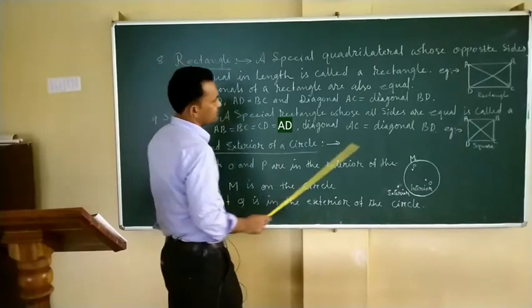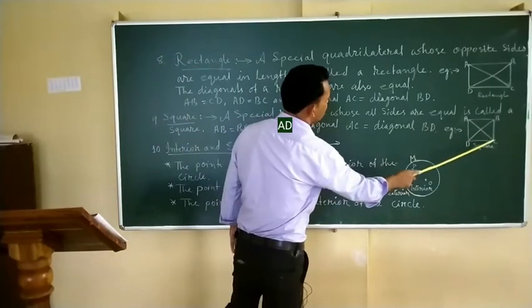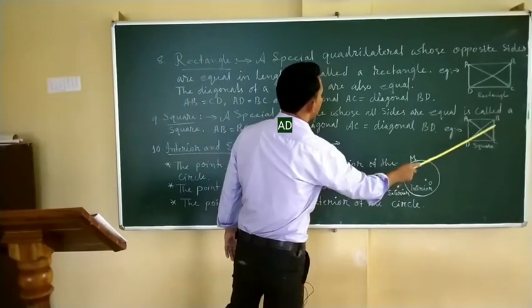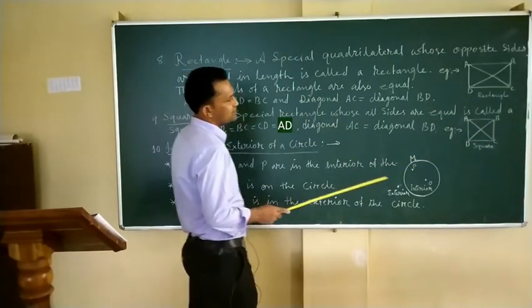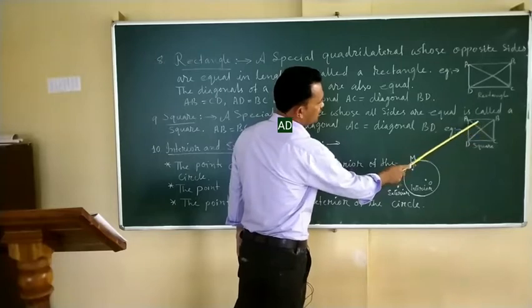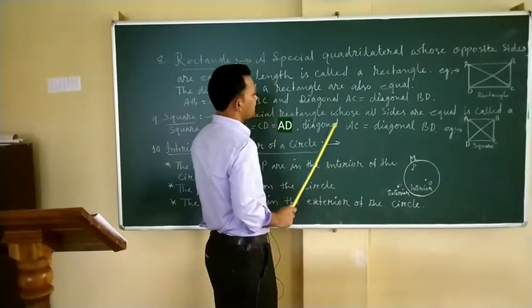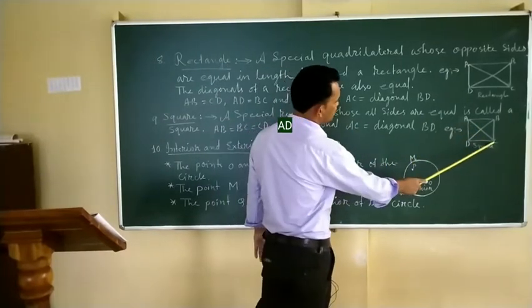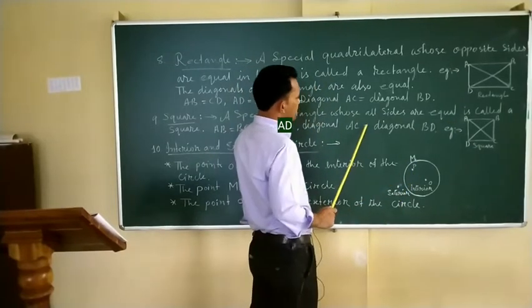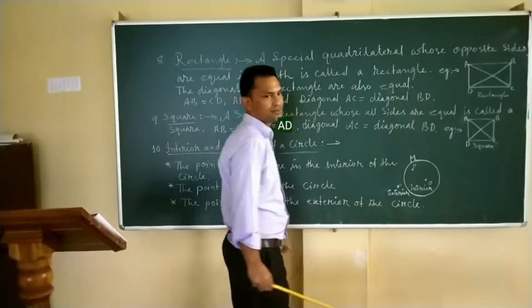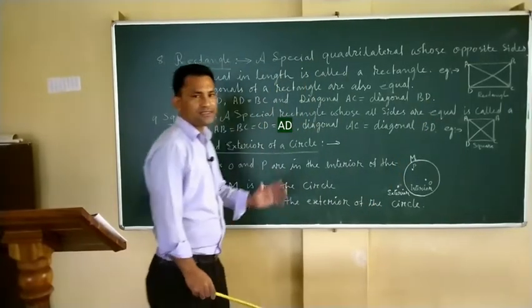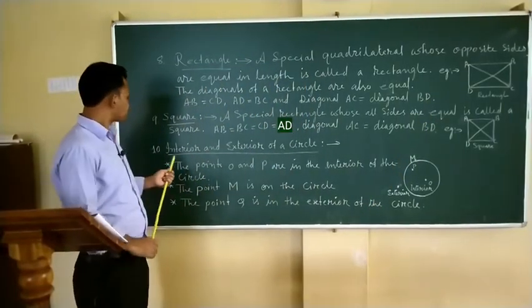AB equals BC. Now triangle. This is called a triangle. This middle portion. 1, 2. This triangle AC. Again triangle. So this is called a square.